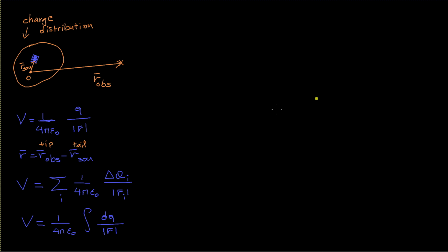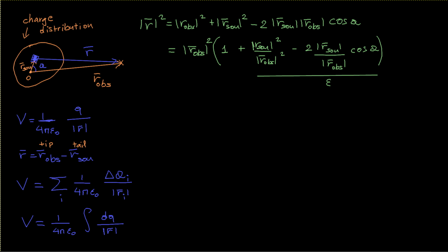In the next step, I see that I have here 1 over r. Now I'm showing you the relative position vector. It goes from the small piece delta q, or dq, to the observation location.